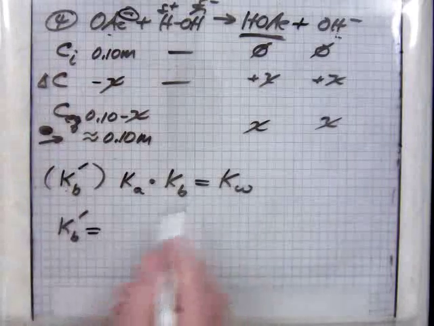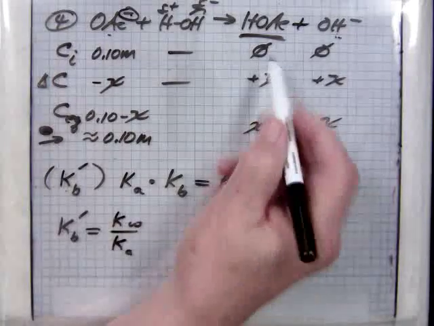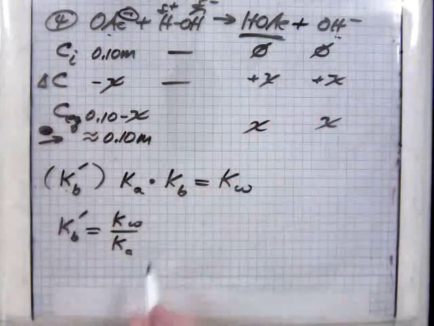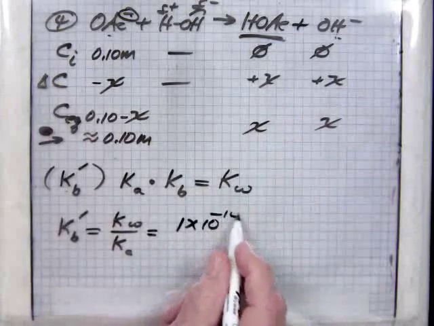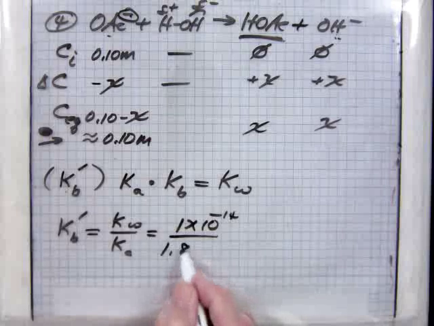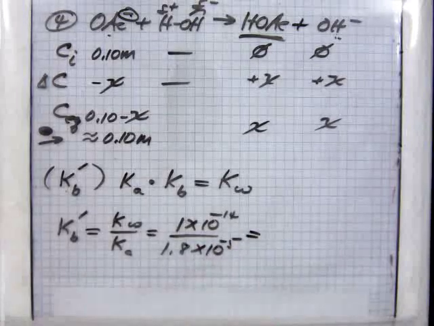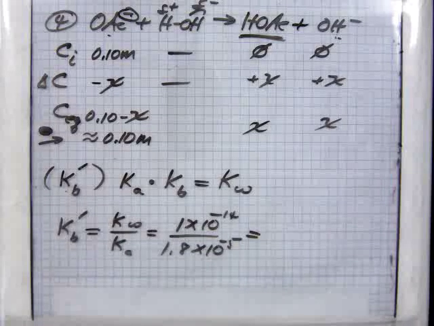And that would be Kw over the Ka that's generated in the hydrolysis reaction. So in this case, it'd be 1 times 10 to the minus 14 over 1.8 times 10 to the minus 5, and that gives you the equilibrium constant for that anion conjugate base ionization reaction.